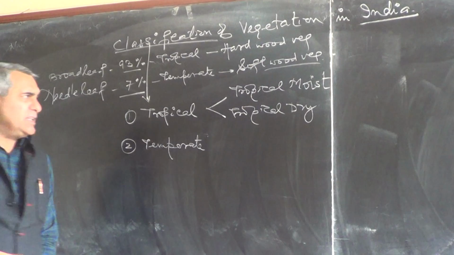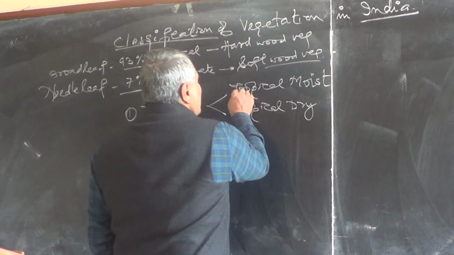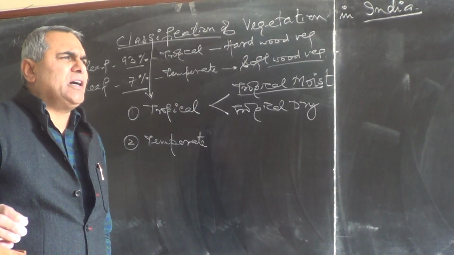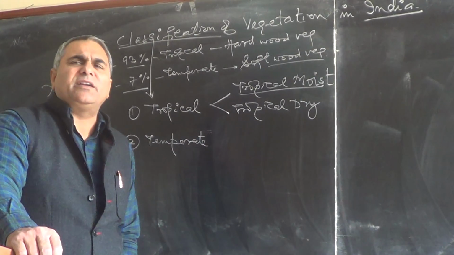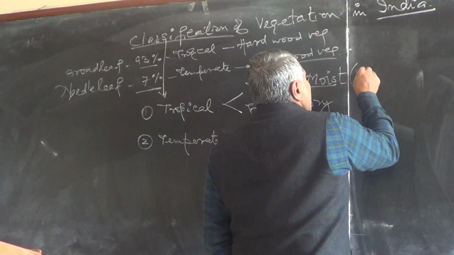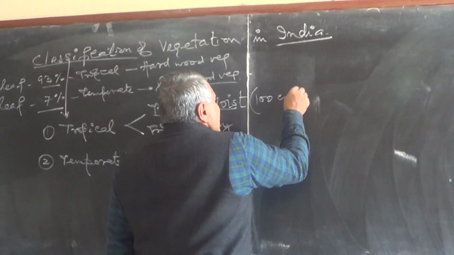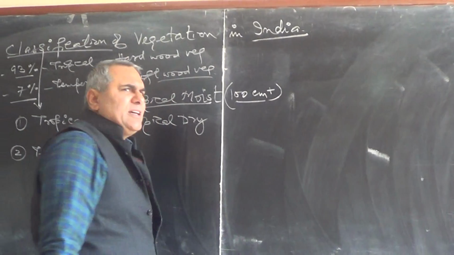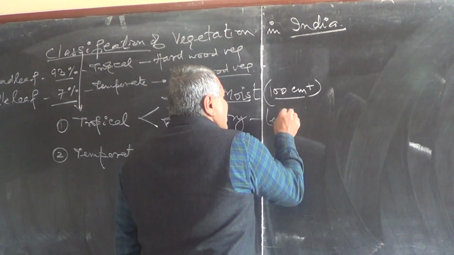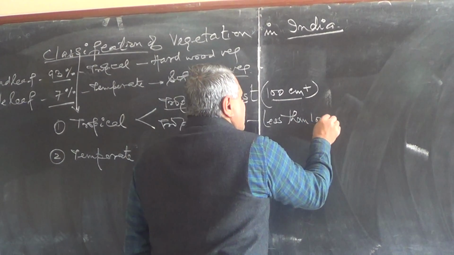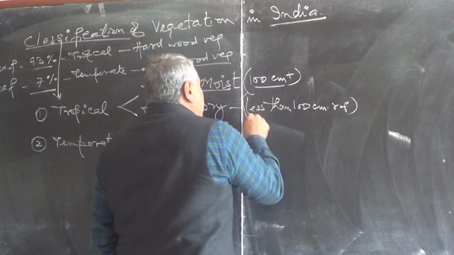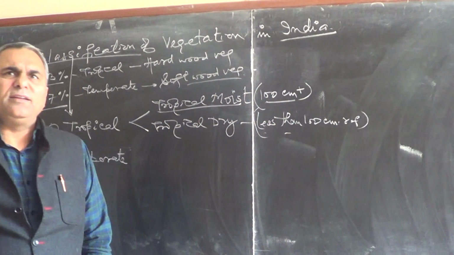For further clarification, tropical moist has more rain, if the amount of rainfall is more than 125 centimeter, or generally we say 100 centimeter and plus. Less than 100 centimeter rainfall is kept in the category of tropical dry.